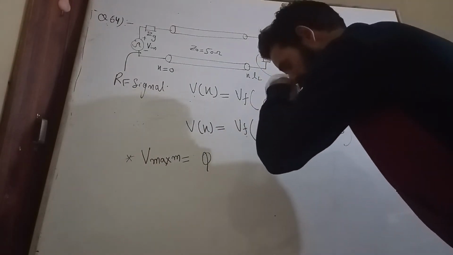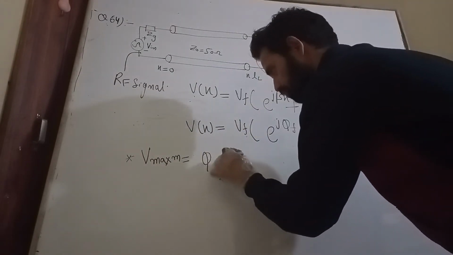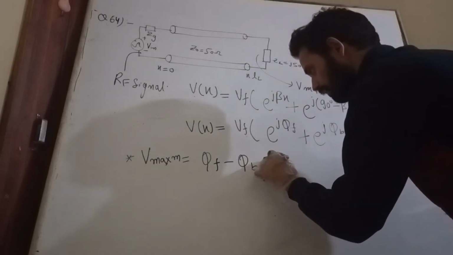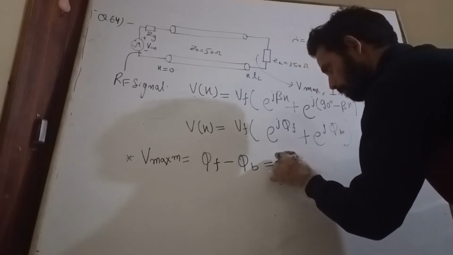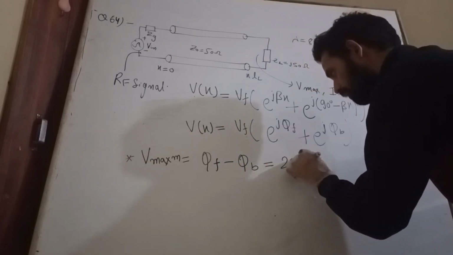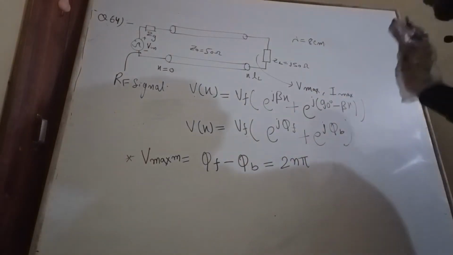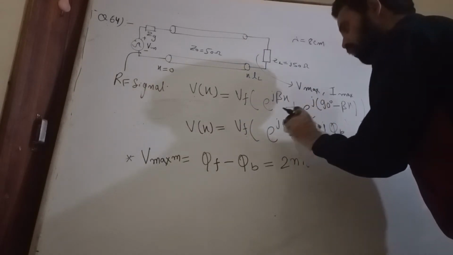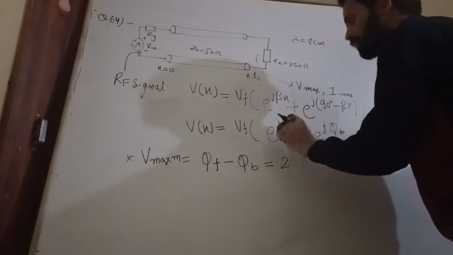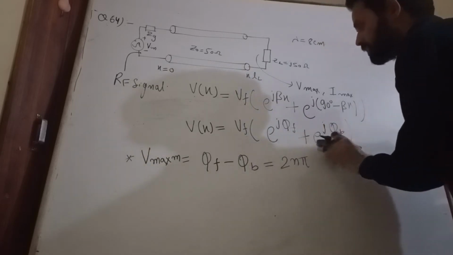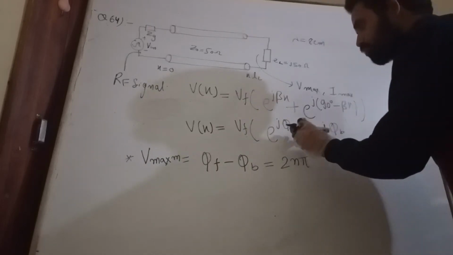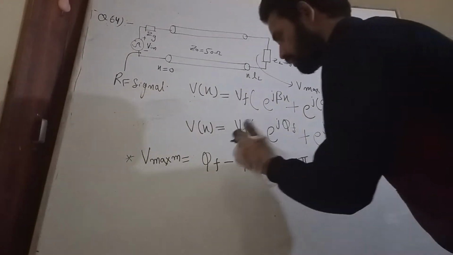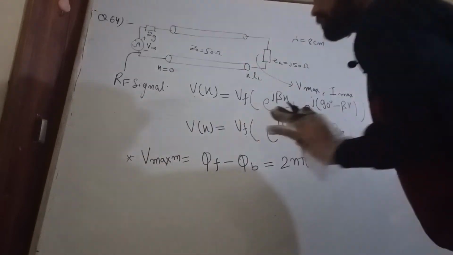That means the forward angle minus the backward angle must be in phase, meaning 2n pi. So this is the condition for voltage maxima.